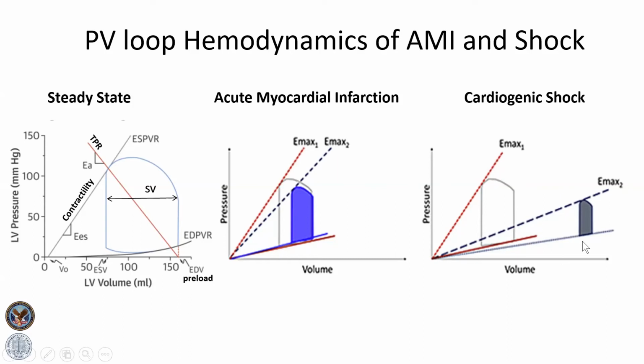Further to the right on this graph, you see when you really get into shock, your output is way down, contractility is way down, volume of ejection is smaller, and your end diastolic volume is very high, and you are congested. So these describe the phenomenon, both of infarction without shock and then ultimately infarction with shock.